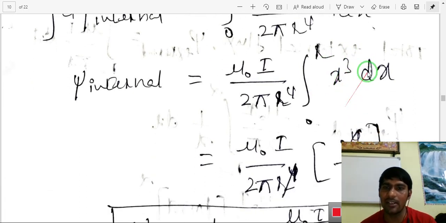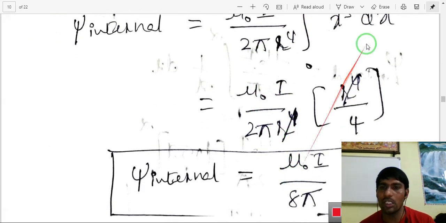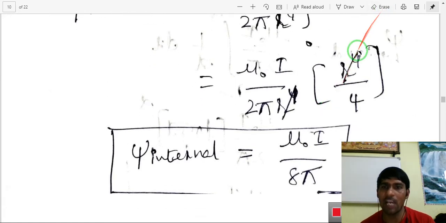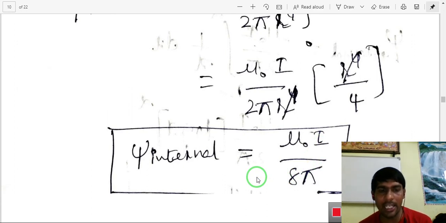By integrating x³, this can be written as μ₀ I by 2πr⁴ into r⁴ by 4. The r⁴ and r⁴ get cancelled. So the flux linkage due to internal flux equals μ₀ I by 8π. Finally you get the flux linkage due to internal flux only.